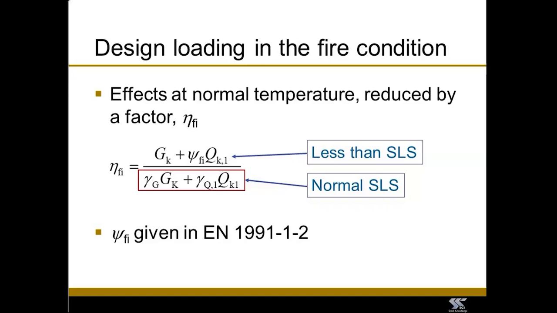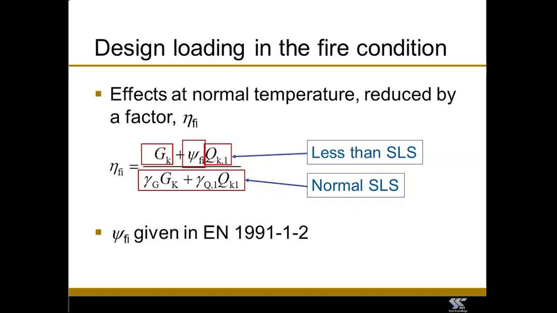Well, the numerator, look, is the unfactored permanent actions. It's the unfactored variable actions, but notice the variable action is also reduced by a psi fire. So it's a load which is even less than, you might describe it as I have done on the slide, the SLS value of the actions.